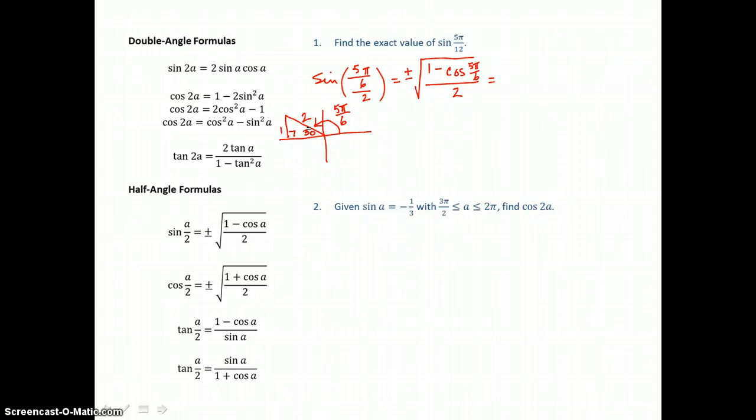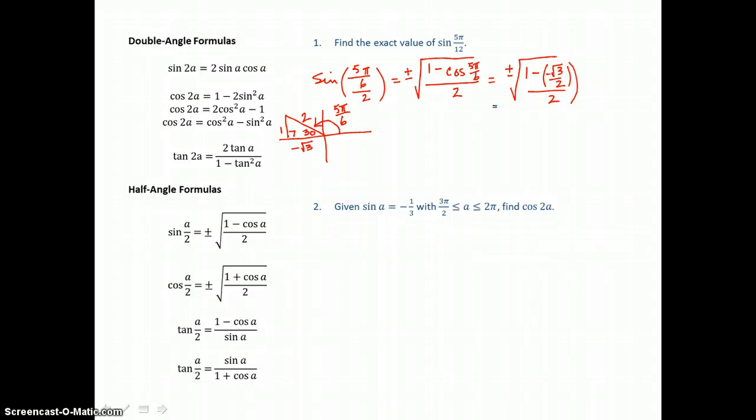So labels are 1, 2, the square root of 3, and the square root of 3 being negative. So now applying the definition of cosine to that triangle, I've got adjacent over hypotenuse, or negative the square root of 3 over 2.